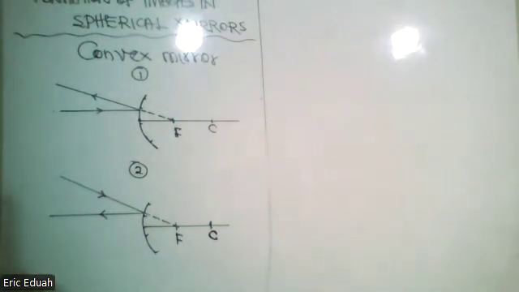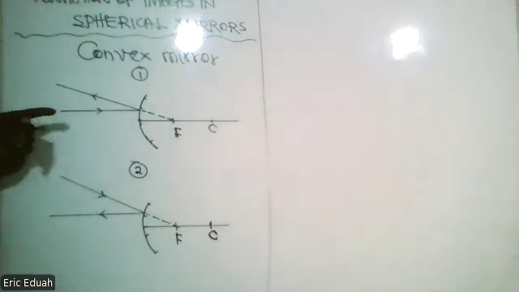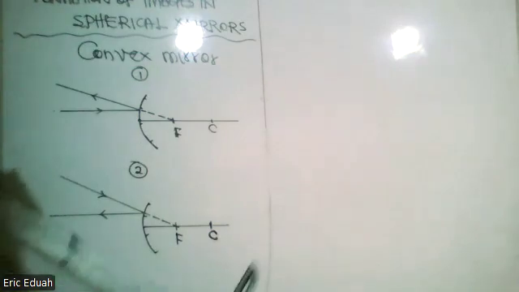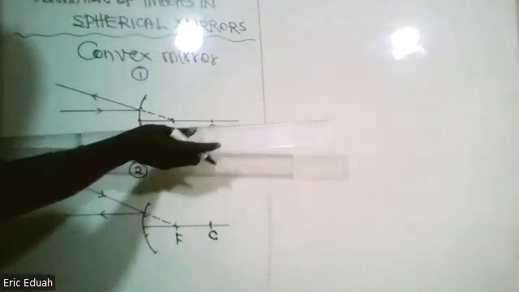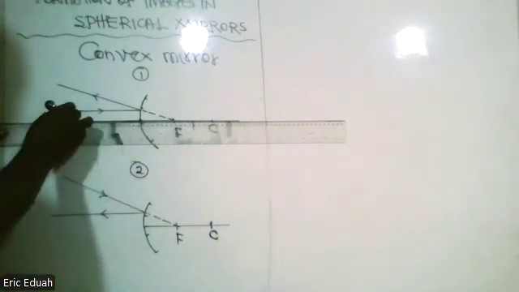So it is also the reverse of this first one. The first one is such that if the ray is parallel, there's nothing wrong even extending the principal axis. We can extend it to the other side of the mirror.